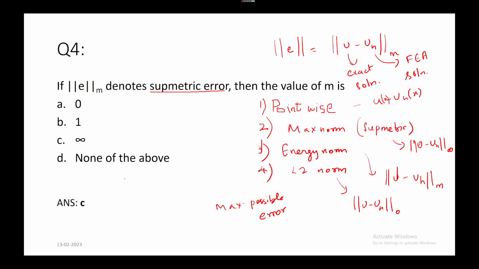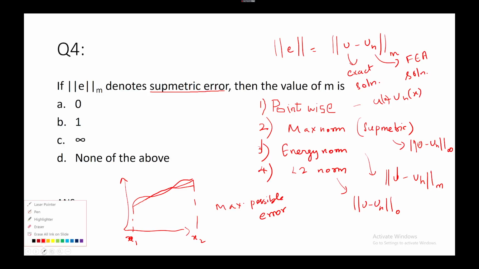For example, if you have a function like this, where the domain is one dimensional, from x1 to x2, this is your u and this is your FE solution, let's say.